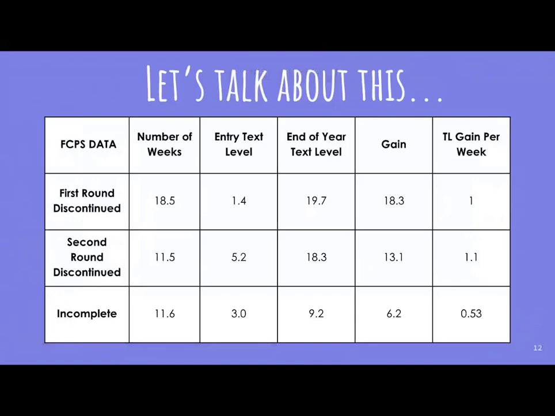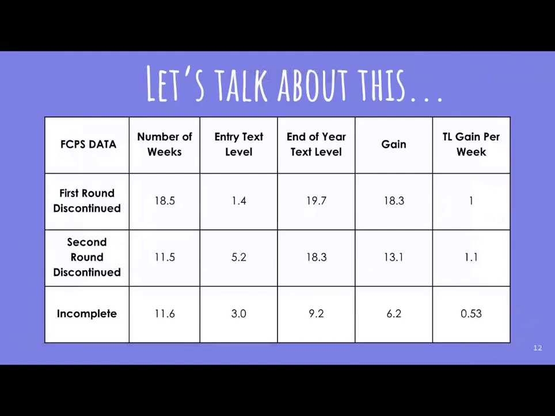For each group, we look at the number of weeks, that's the first column across the top, their entry text level, their end-of-year text level, the gain they make on those text levels, and the amount of gain per week on their text levels. So some of this is data that we don't collect, but it looks like they collected themselves.